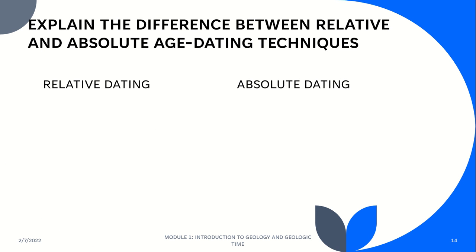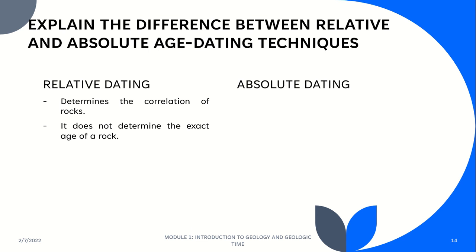Lastly, we have explained the difference between relative and absolute age dating techniques. On my left side, we have relative dating, and on my right side, we have absolute dating. When we say relative dating, it determines the correlation of rocks.